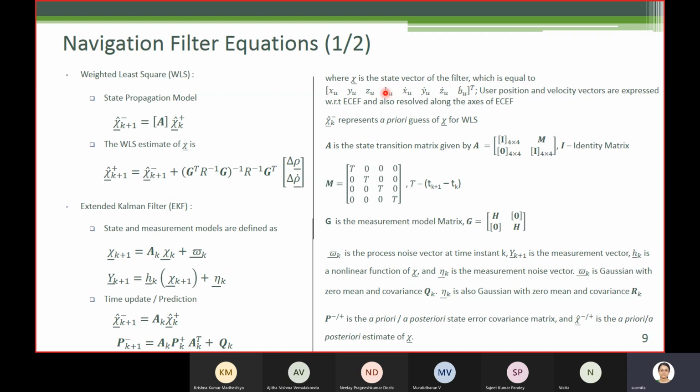This is the clock error, the clock time offset from GNSS system time, and this is the rate of change of that. So these are the quantities that we want to estimate, and we put all of them under X bar. So this is the state vector which we want to estimate.